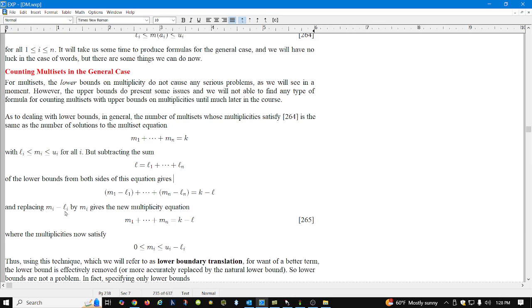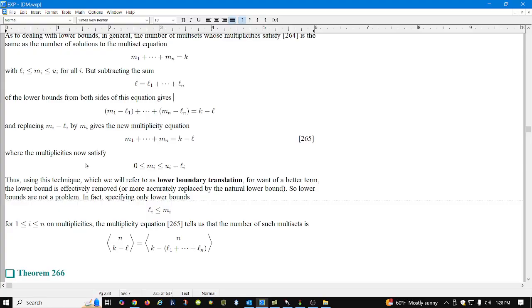So mi minus li, we'll just call it mi. You can pick a different letter if it bothers you to do that. We get a new multiplicity equation. And the bounds now are these. So the lower bounds are gone. They're replaced by the natural lower bounds.